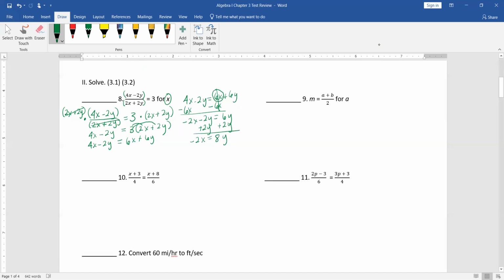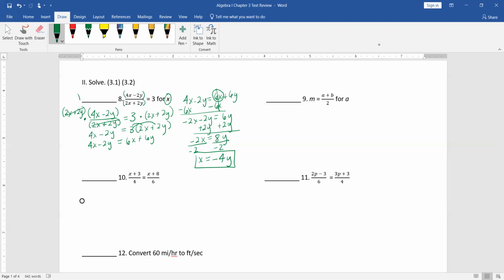All right, so now all we have to do is divide both sides by negative 2, and that isolates the x on the left side. So x equals, now we know our answer is going to be negative because we have a negative only in the denominator. 2 divides into 8 4 times, and then of course the y is left. So our answer is x equals negative 4y.